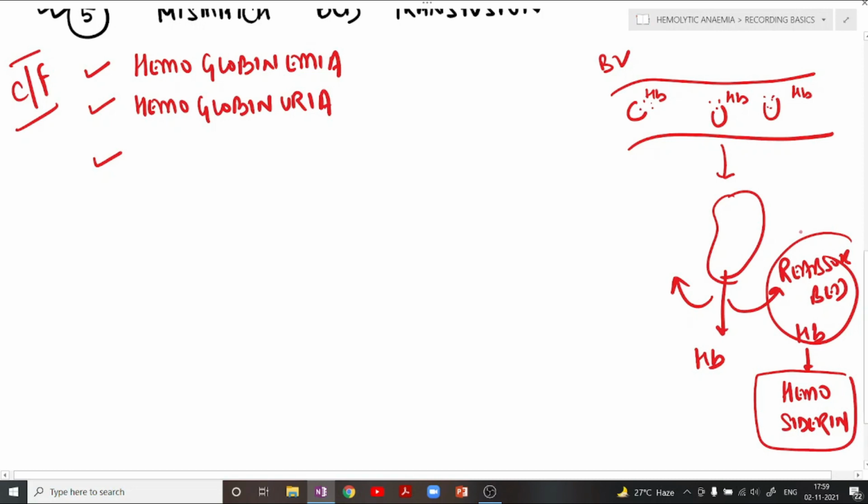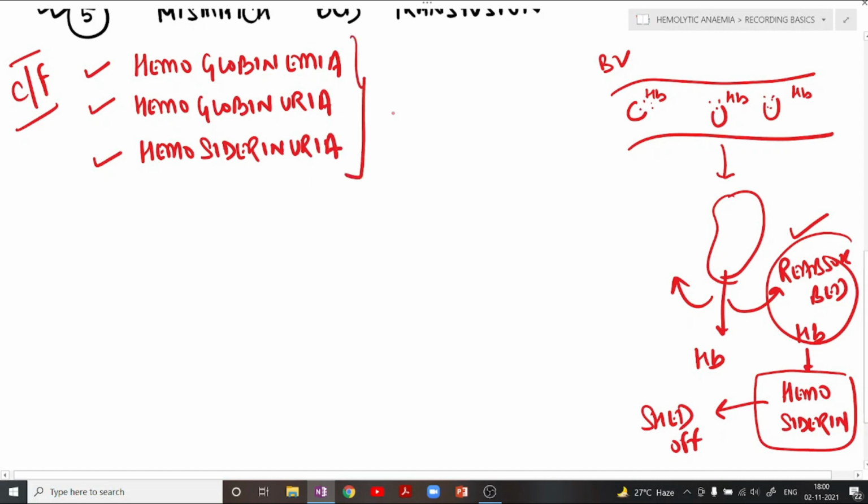Because all the tubular cells also have a lifespan, when their normal lifespan is completed, these tubular cells will be shed off, and along with that, this hemosiderin will also be shed off. So there is something called hemosiderinuria. These are the three very important features that we see in case of IVH.